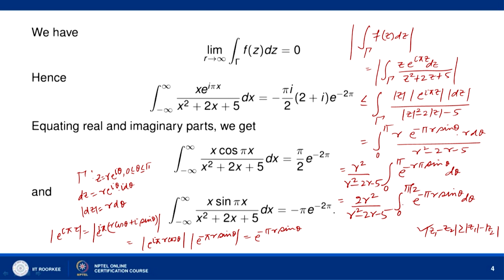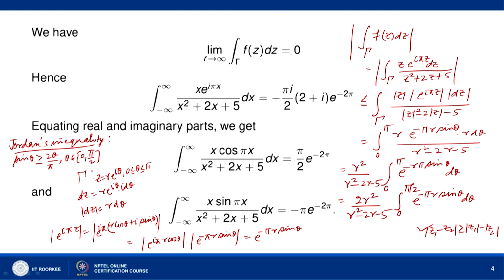And now, we use Jordan's inequality. Jordan's inequality says that sin theta is greater than or equal to 2 theta over pi when theta belongs to 0, pi by 2.